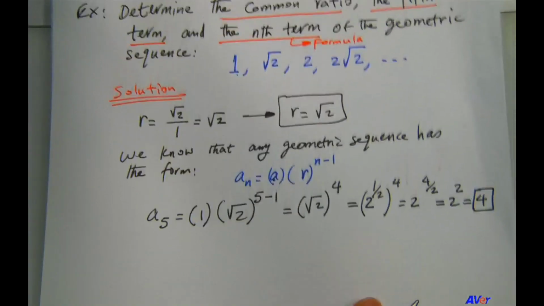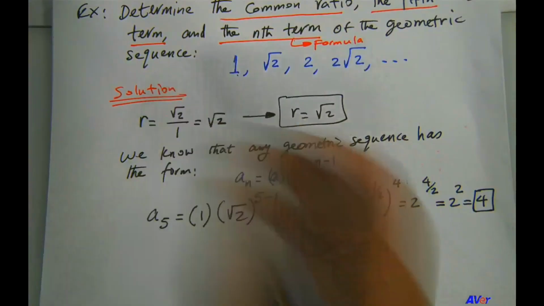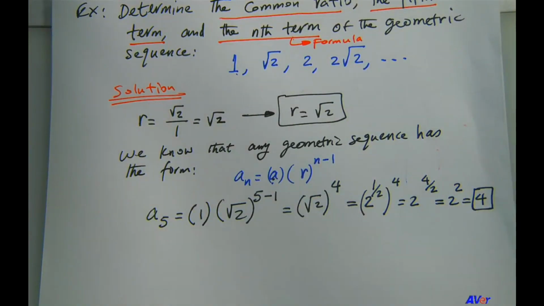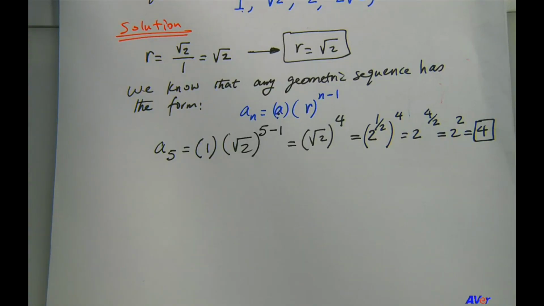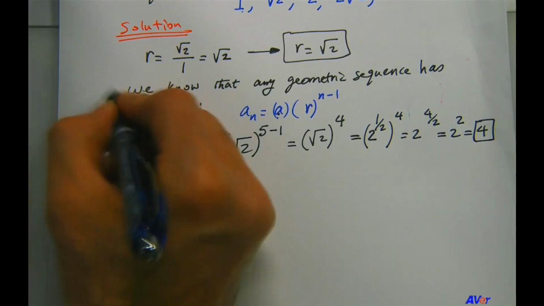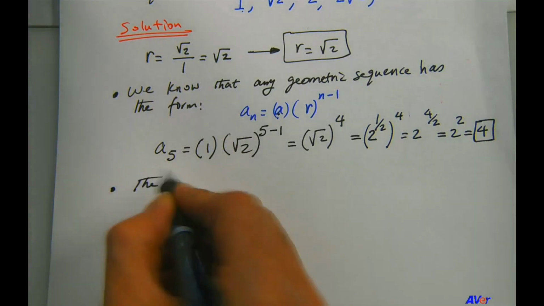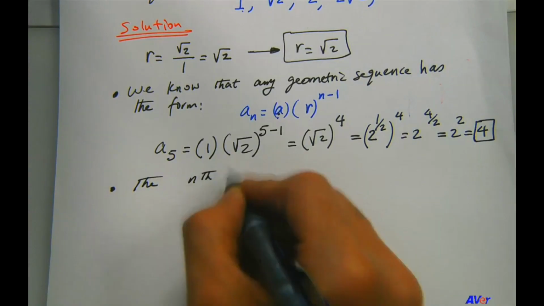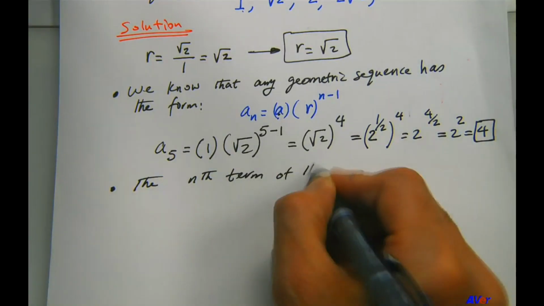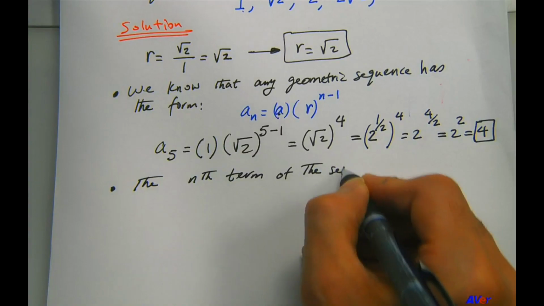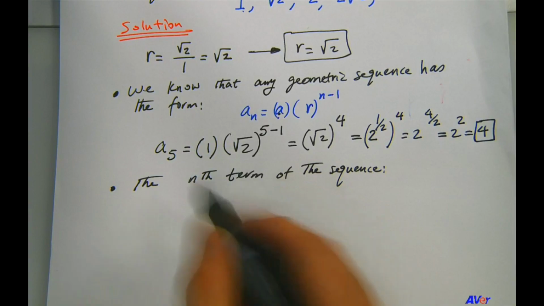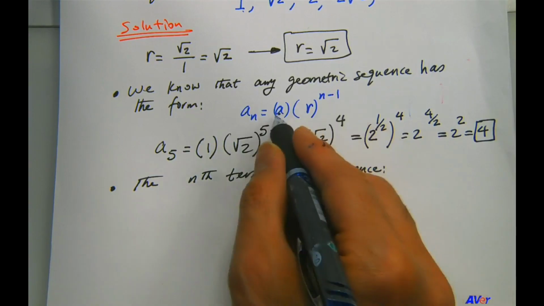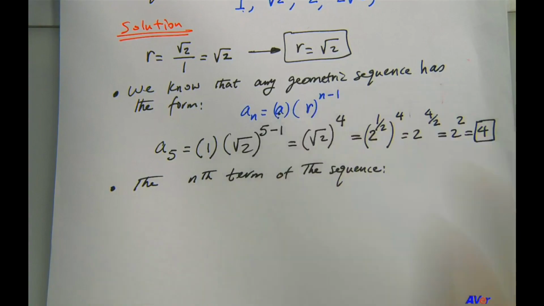Okay, so the other thing they ask us is to find the nth term of the geometric sequence, right? That's easy. The nth term we can find by simply plugging in what we know, which is the first number in the sequence and the common ratio, and leave it like that.